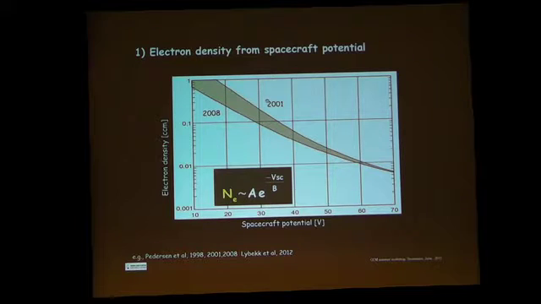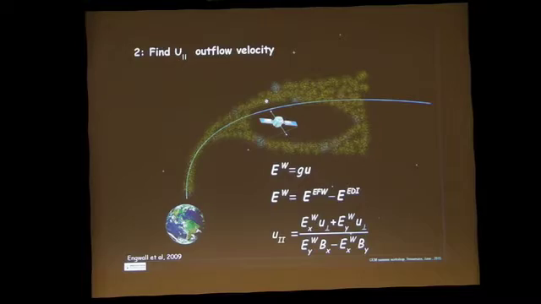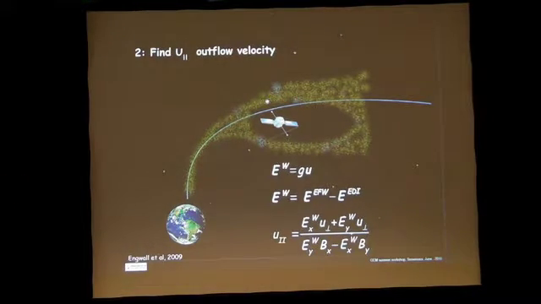First step, establish the density. We use a relation between electron density and the spacecraft potential. It's a fairly established method. There has been a lot of calibration effort for the Cluster mission, and I think we have this fairly well in control now. So the densities are fairly accurate, thanks to efforts by a number of people here. Second thing, this is slightly complicated, but now we want the parallel part of the outflow.